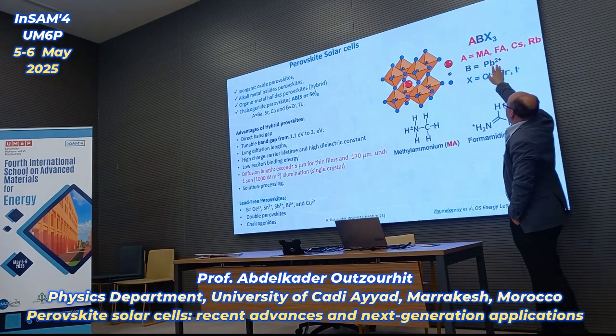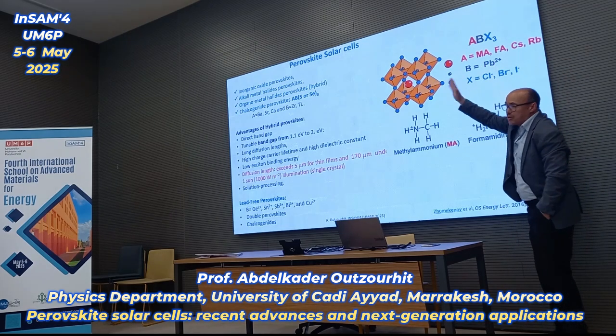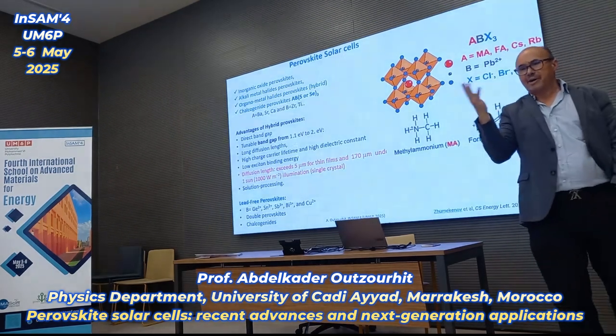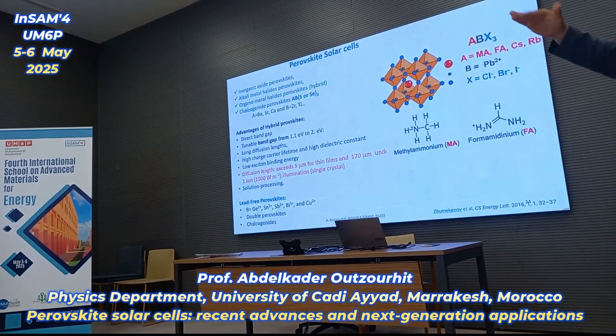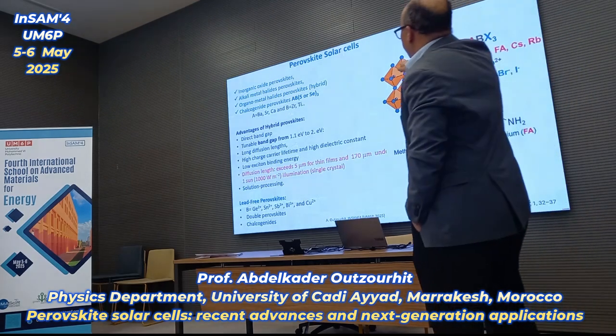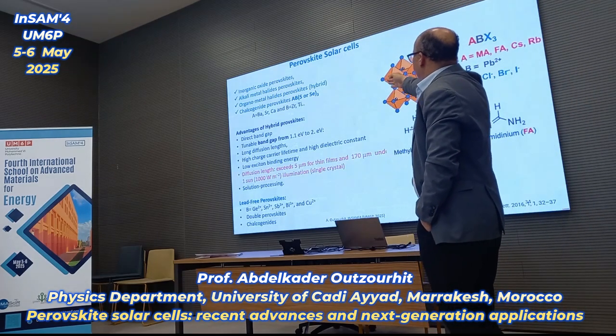If A is an organic, those are called hybrid perovskites, with organic and inorganic parts. And you also have chalcogenide perovskites, where A is barium and B is zirconium and titanium and so on.